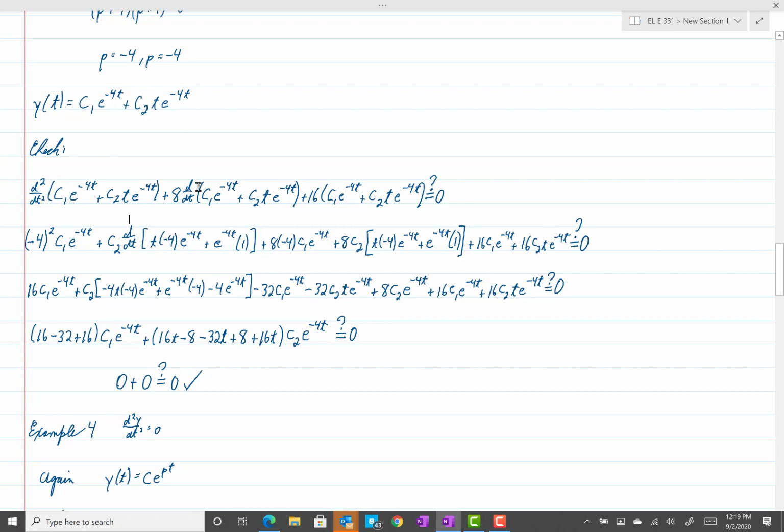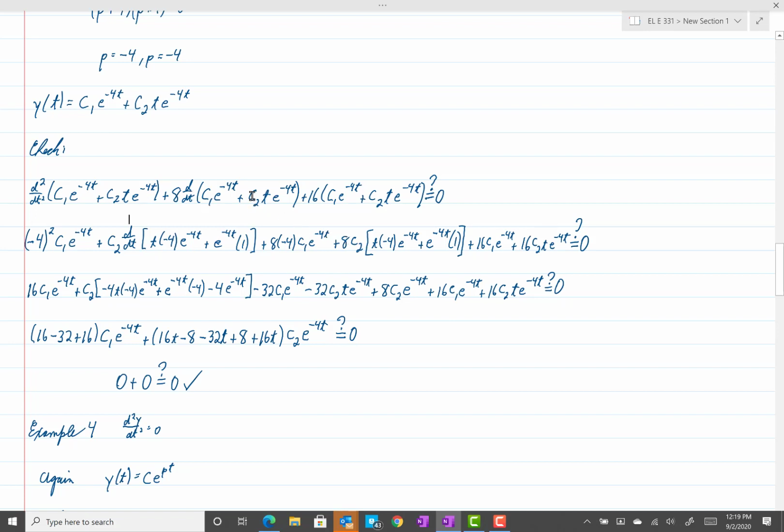Okay, so now I go to this term, and the derivative of c1 e to the minus 4t is minus 4 c1 e to the minus 4t, and I bring down the 8. And then for the derivative of this, c2 can come out front, and here's my 8 coming down.